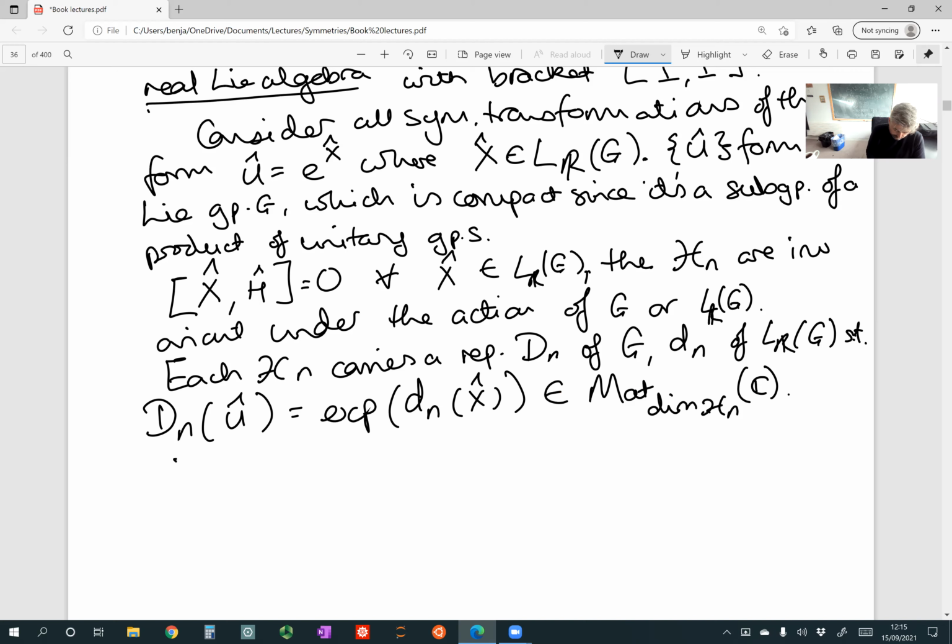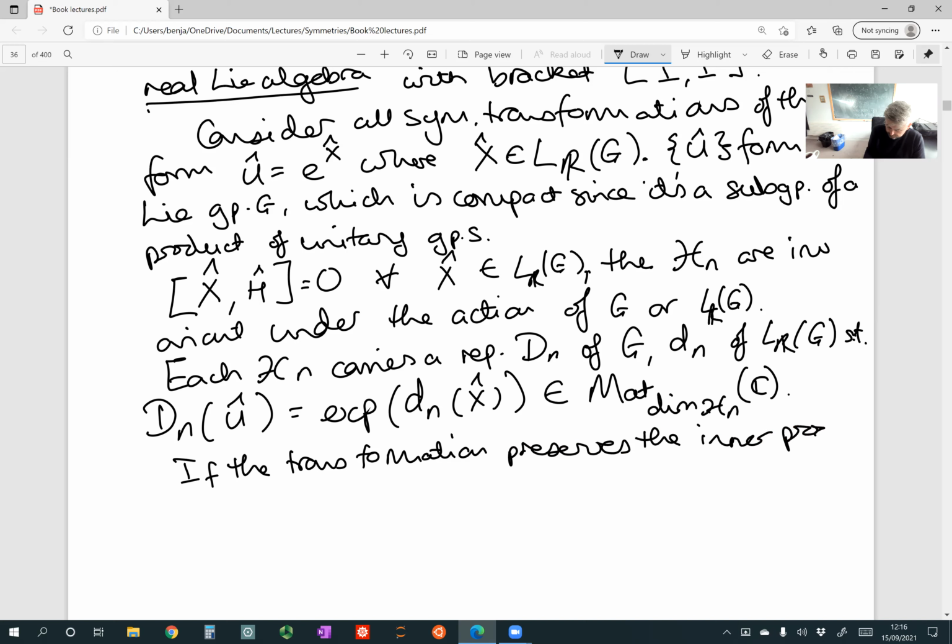So this theorem: if the transformation preserves the inner product, it must be unitary or anti-unitary. So let's give the unitary option first.